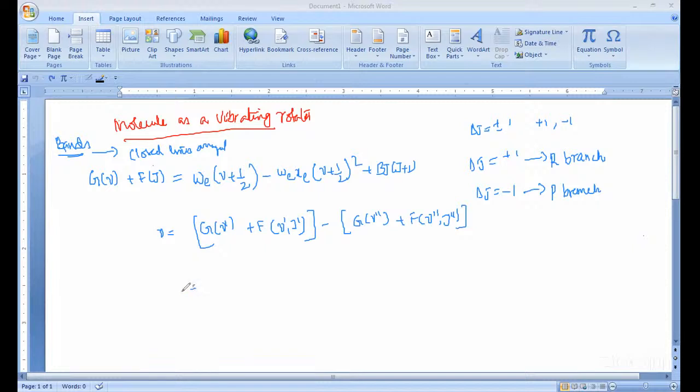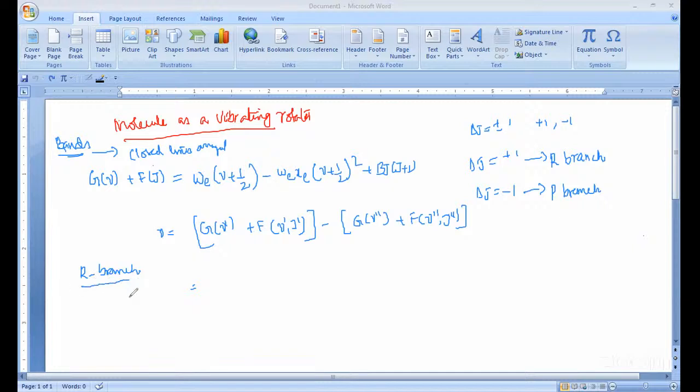From this, we can see the R branch as well as the P branch. Suppose we take the R branch: when delta J equals plus 1, you get the R branch.